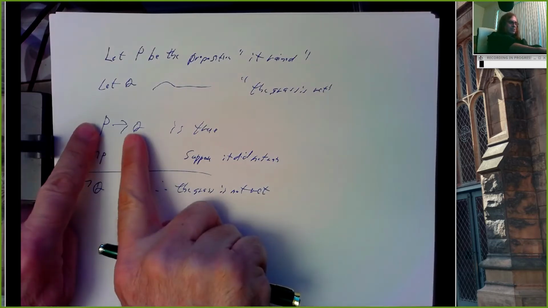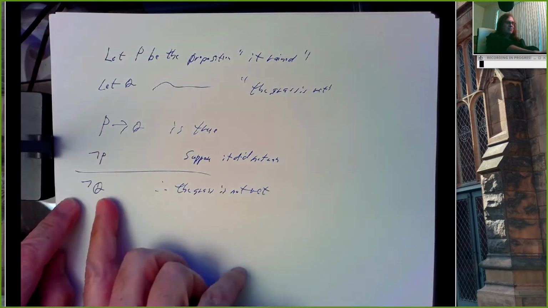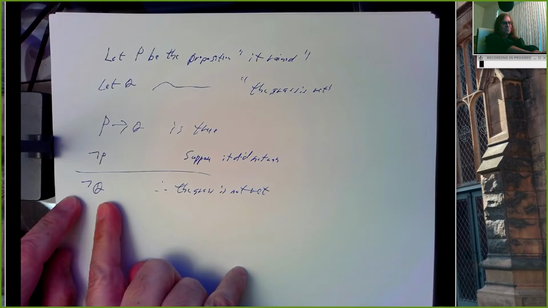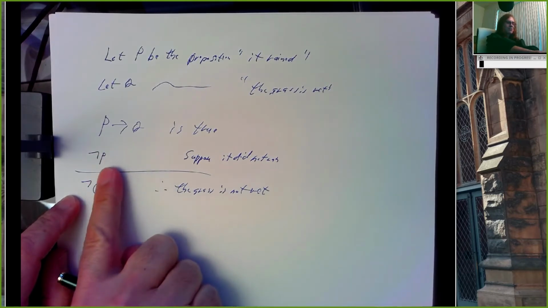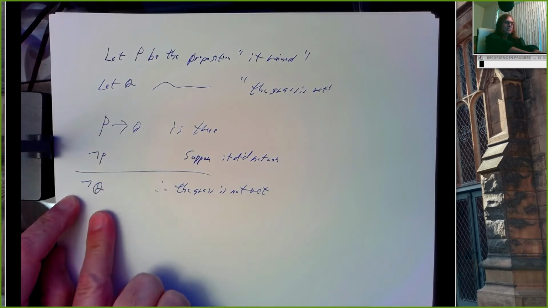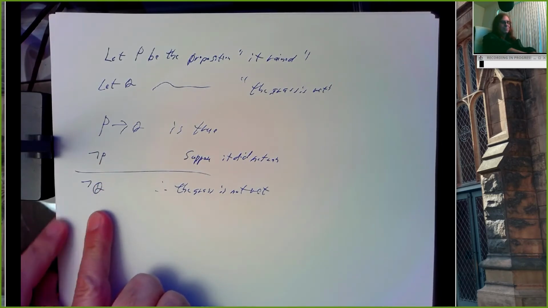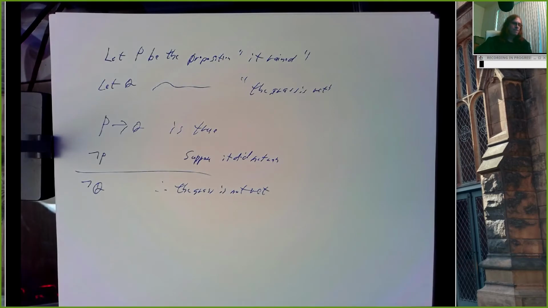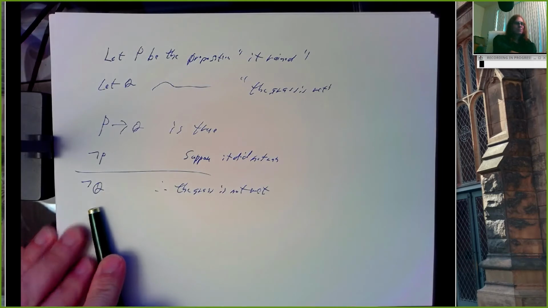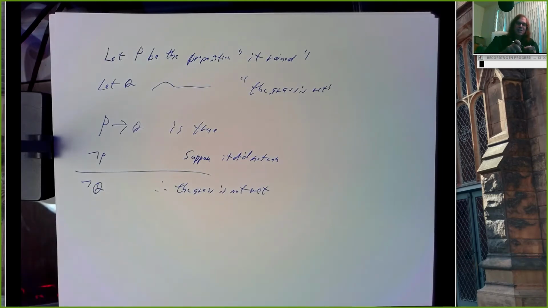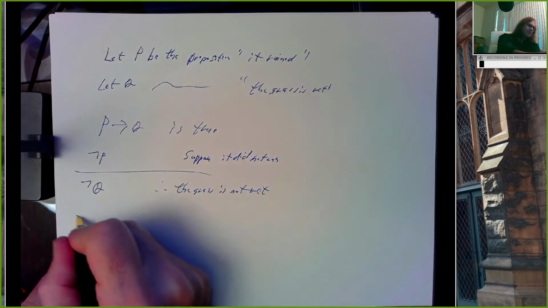So knowing that this is true and this is true does not let us conclude this statement. It could be true that if it rains, the grass is wet, and it could be true that it did not rain, but yet the grass might be wet because someone watered it. So that's just an example of specific propositions P and Q for which it's pretty easy to argue that these two things can be true, but this might not be true. And so denying the hypothesis is not logically sound.